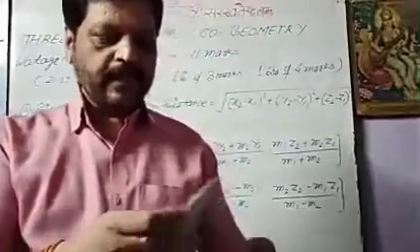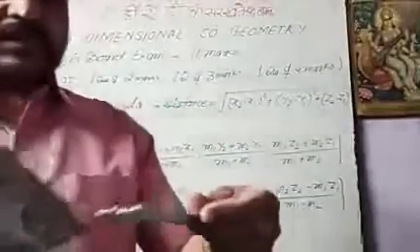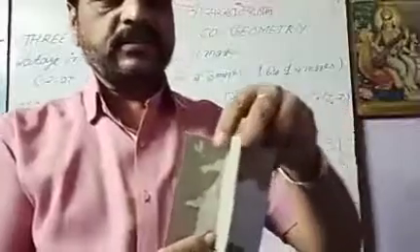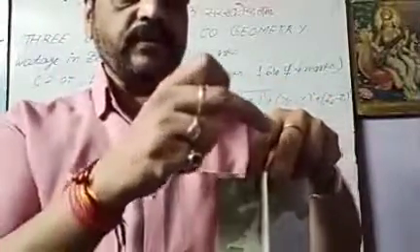Suppose these are two planes that intersect each other in such a way, and they divide the space into 4 parts.